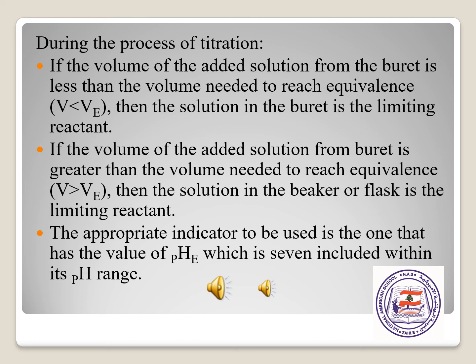Let's give a small example here. If we're using an indicator that has a pH range from 6.2 to 7.4, this indicator is appropriate to be used in the titration process between a strong acid and a strong base, simply because the value of the pHe, which is 7, is included within its pH range.